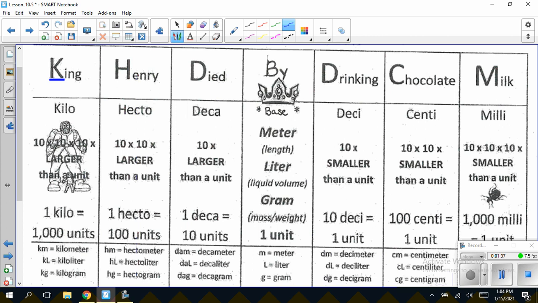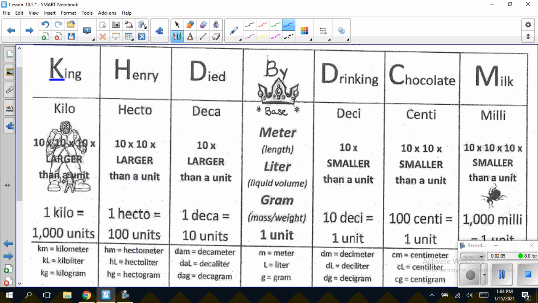So when we were working with customary units, we obviously had different abbreviations and words that we were using for the customary system. However, for the metric system, you use the same exact prefixes, and then you can add it on to whatever unit of measure you're working with, which again is the meter, the liter, or the grams.